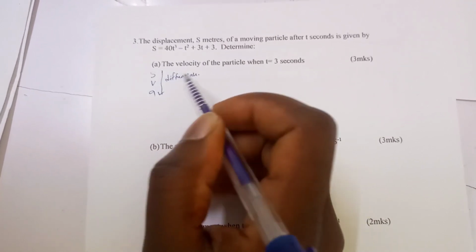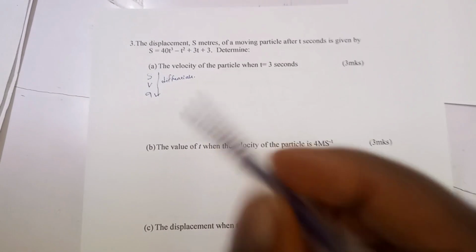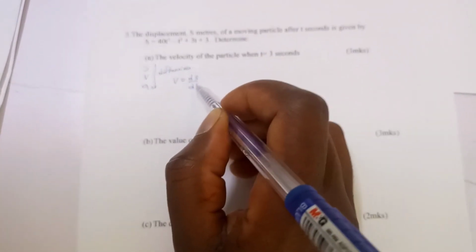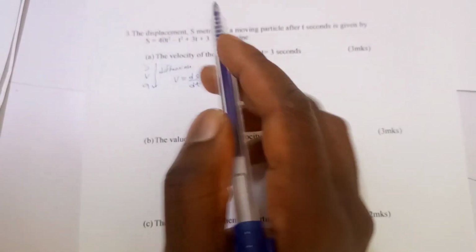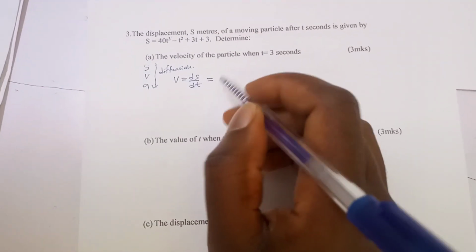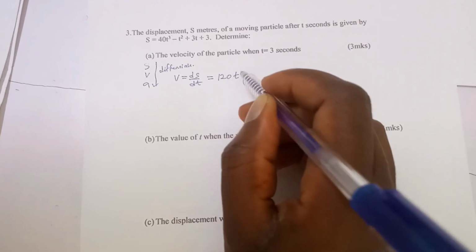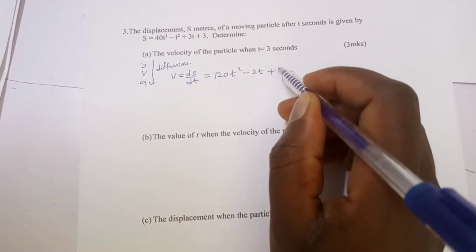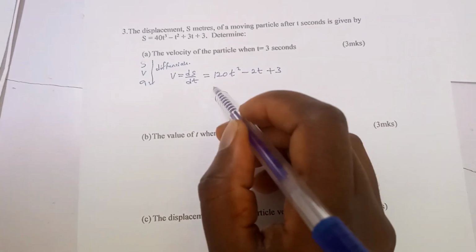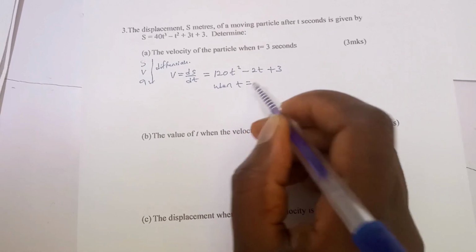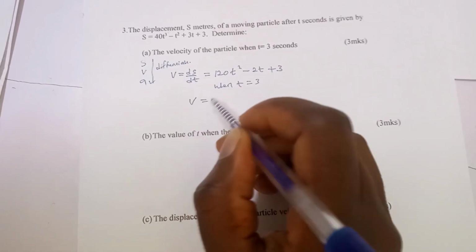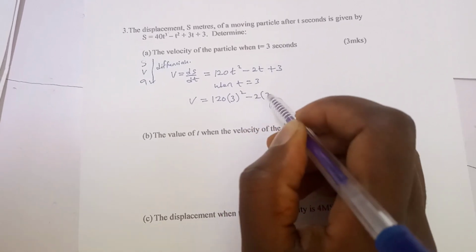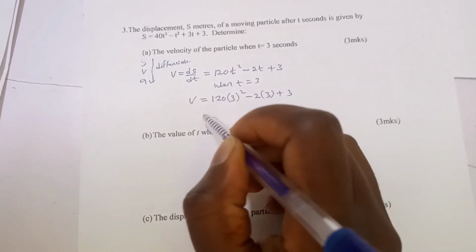We are required to find the equation for velocity, and therefore we differentiate the equation of displacement to get 40 by 3, which is 120t squared minus 2t plus 3. Then we substitute the value of t when t is 3, and we get 120 into 3 squared minus 2 times 3 plus 3.